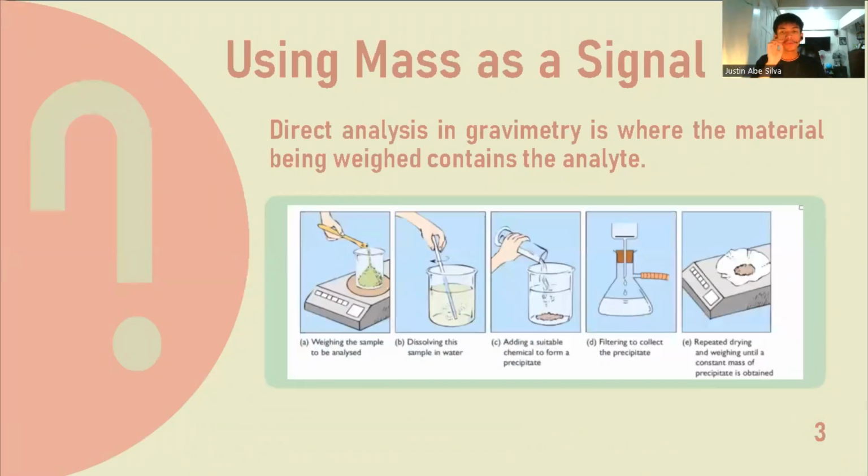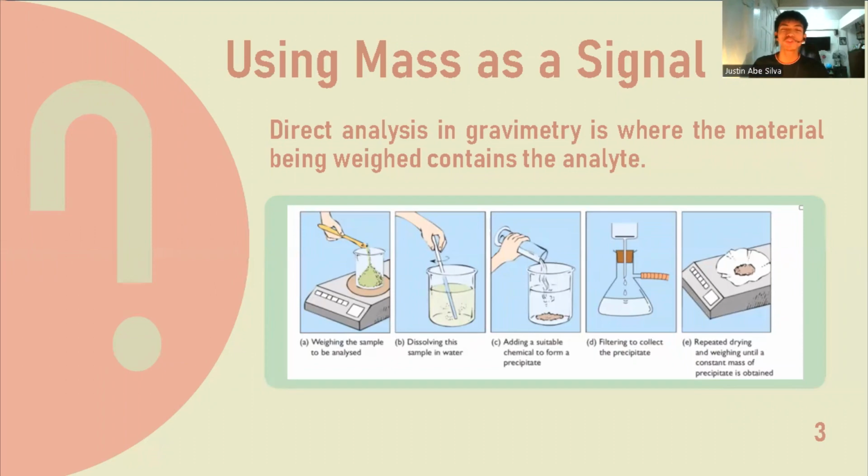So let's go on with two methods of analysis with gravimetry. One of which is direct analysis and the other is indirect analysis. The only thing that we need to keep in mind is that direct analysis uses the precipitate that contains the analyte for weighing.